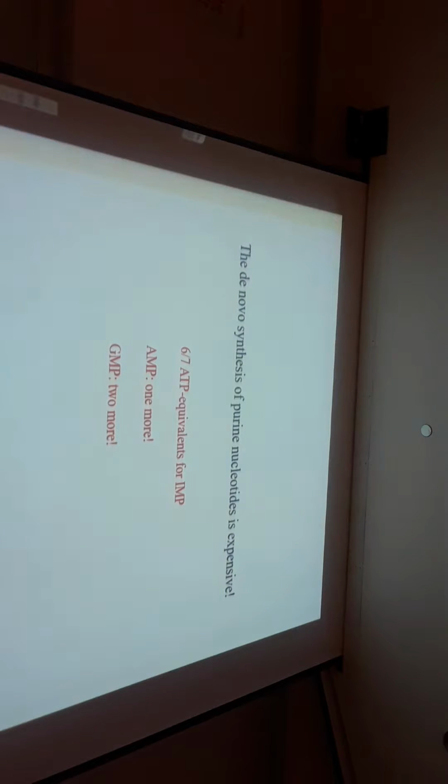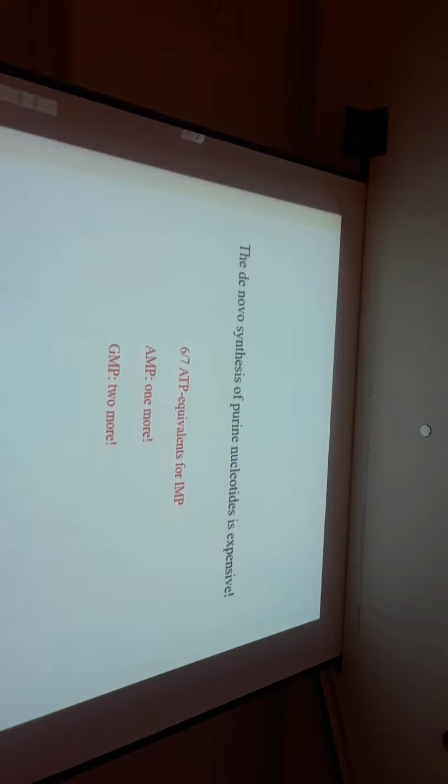So I also told you that this de novo synthesis of purine nucleotides is very cost intensive, depending on the organism that we're looking at and whether or not at one step ATP is actually required. We need something like 7 or 8 or 8 or 9 AMPs or ATP equivalents for the synthesis of AMP and GMP respectively.